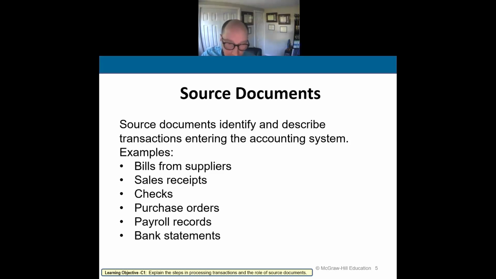A few days later, I receive my order through UPS, FedEx, whatever. They drop off the 20 coffee mugs that I ordered. I open up the box, and there's a sheet of paper called a packing slip.